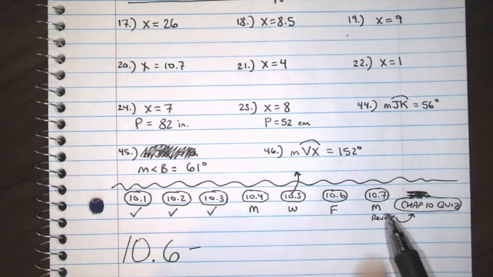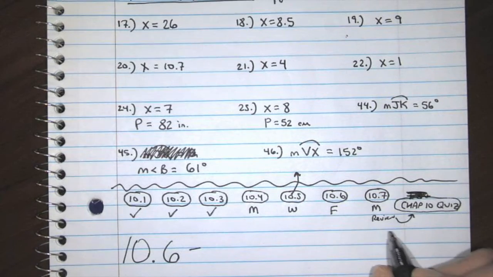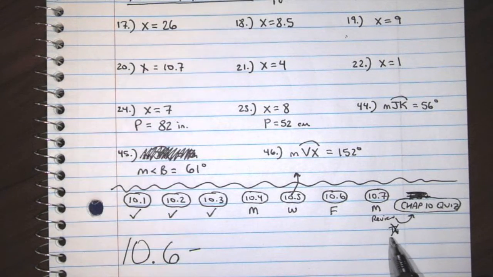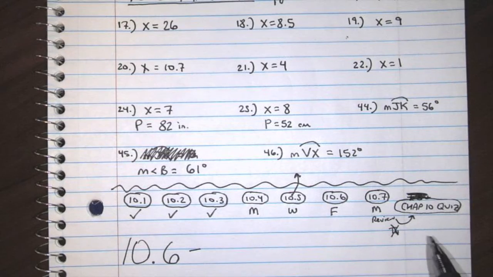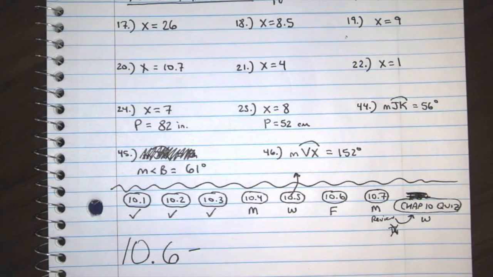So on Monday, this is going to be a little different. When you get this review guide, it is not due at midnight. I don't even want it on Tuesday because, to be quite honest with you, we're not meeting on Tuesdays. So you have all of Monday and all of Tuesday to be working on this review.